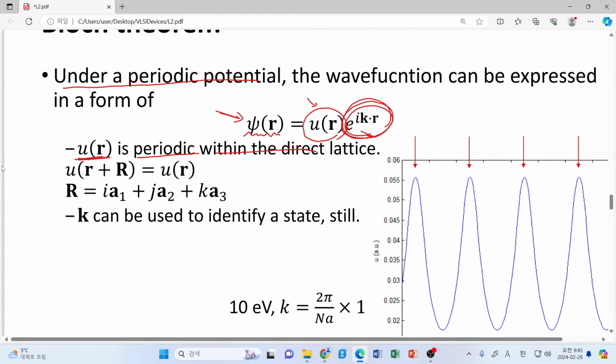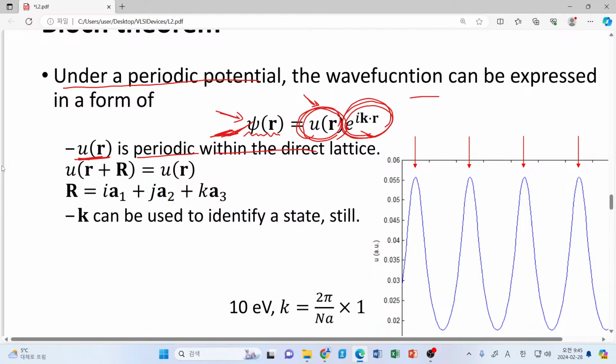Although this wave function is affected by the periodic potential, its impact is limited to the wave function modulation, and this is just a quite short length scale, the atomic unit cell.